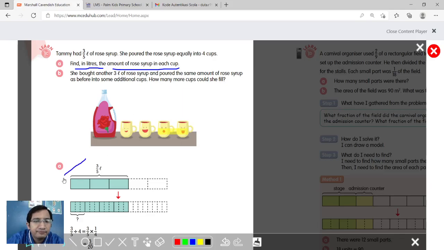We know that there's 3 per 5 liters of syrup left in the bottle.